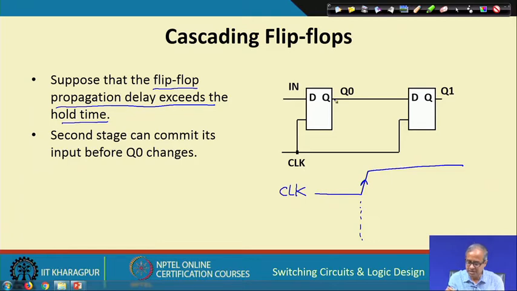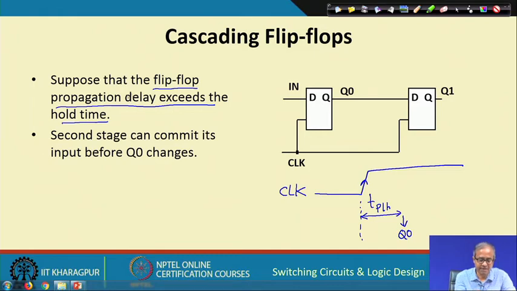So, after some propagation delay, I am showing it after the clock edge comes, the output Q0 will be available. This is equal to the propagation delay t_p, either low to high or high to low. So, it is at this point that the output Q0 is available, after the delay of the flip flop.